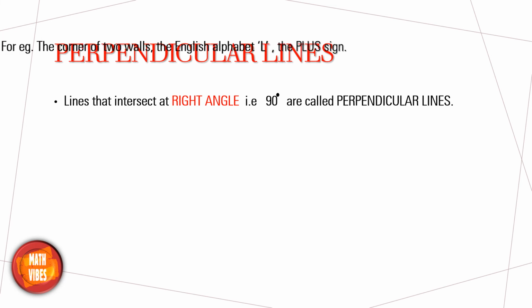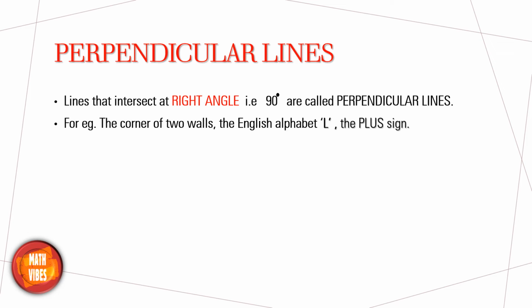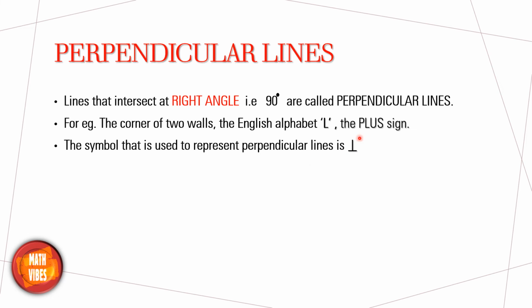For example, the corner of two walls, or the English alphabet L or T or H, and so many more, or the plus sign that you use in maths, or the first aid kit sign, plus, or cross, that holy cross, they all are examples of perpendicular lines. And the symbol that is used to represent perpendicular lines is this.